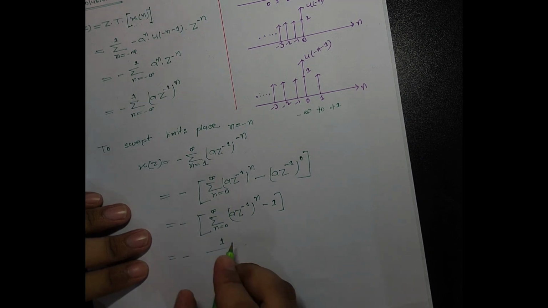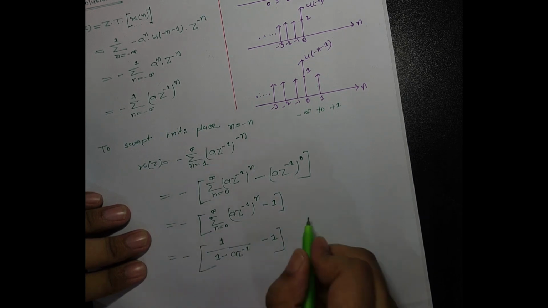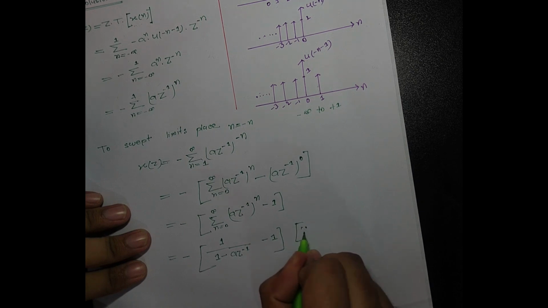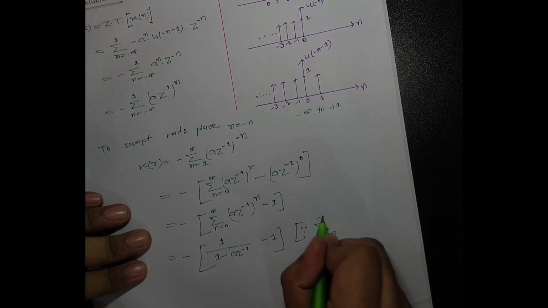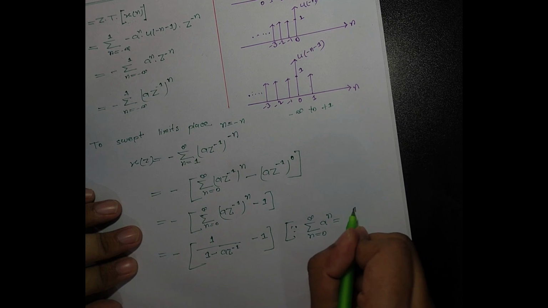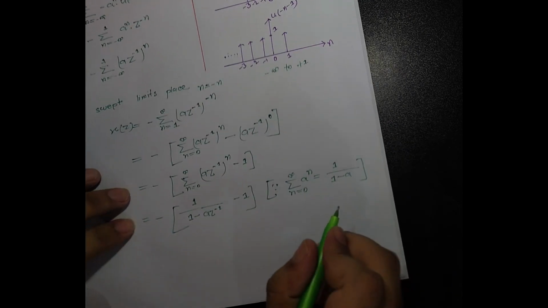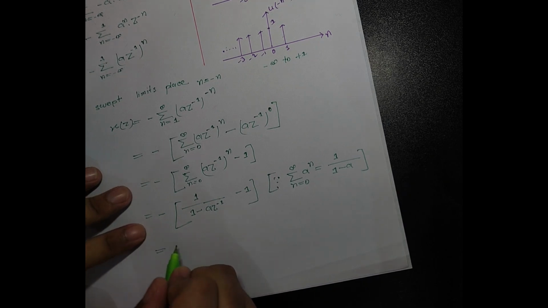We can write 1 by 1 minus a z inverse minus 1 as summation n equal to 0 to infinity a to the power n equal to 1 by 1 minus a, minus.